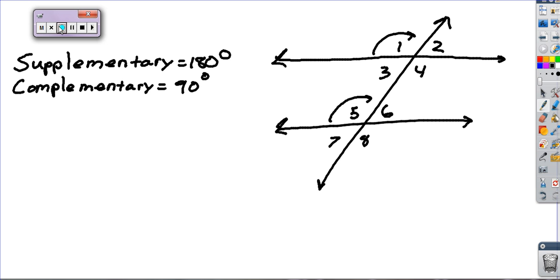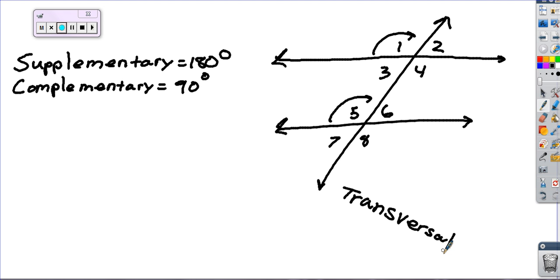The term for this is transversal. A transversal is a line that divides two parallel lines. It's a third line. Notice my transversal is at an angle. That third line is called a transversal.